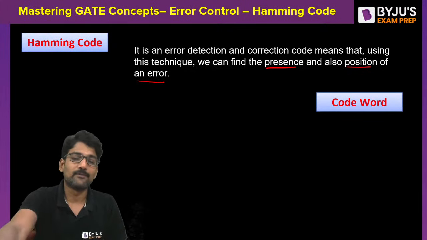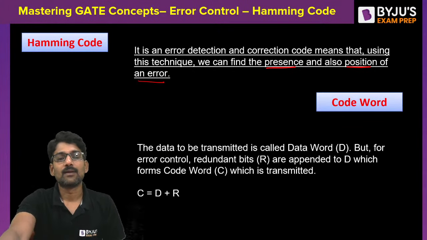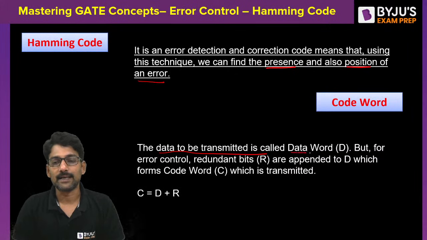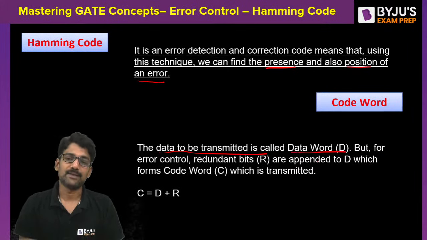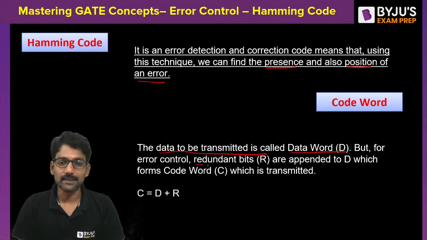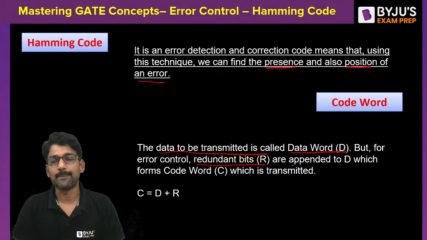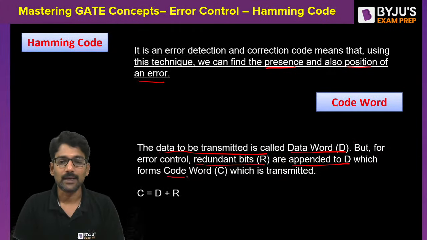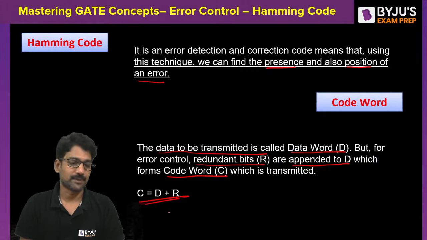The data to be transmitted we call the data word, let it be D. For controlling errors, redundant bits R are appended to D. When D and R are together, a code word C is formed. That is what is transmitted.